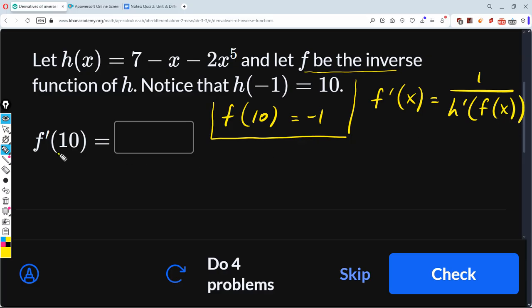All right, since we're evaluating at x equals 10, we're going to do f prime of 10, and that equals 1 over h prime of f of 10.